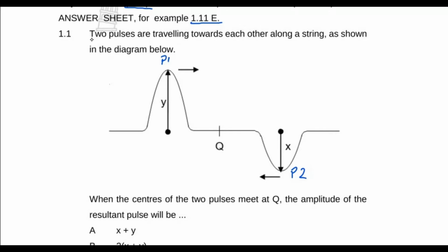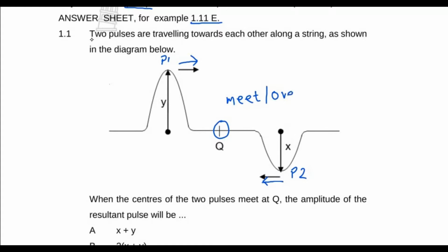So you see these 2 pulses are traveling towards each other because this one is moving from left to right and this one is moving from right to left. And if they're traveling towards each other, at some point, let's say at point Q, they're going to meet. And typically when they meet, we say that they overlap. So that's the most scientific way of saying it.